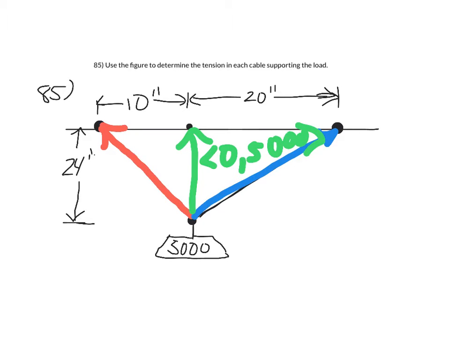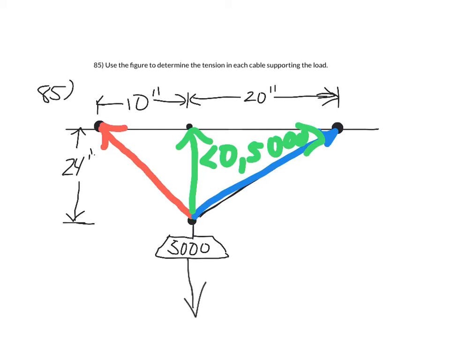Okay? I know this. You might ask, how do I know this? Well, I can tell you the direction is straight up in a measure of 5,000 because gravity pulls down, and it pulls down by a force equal to the weight of the 5,000 pounds.